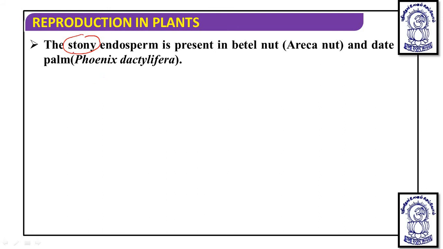This stony endosperm is present in betel nut, that is areca nut, and in date palm it is also found to be stony, that is Phoenix dactylifera. So it is a stony endosperm, found in these two cases.